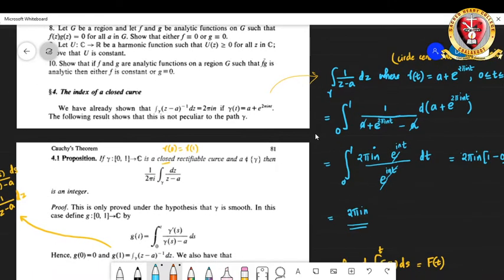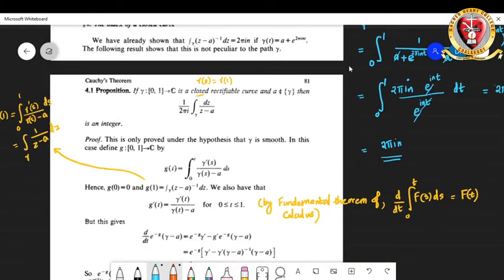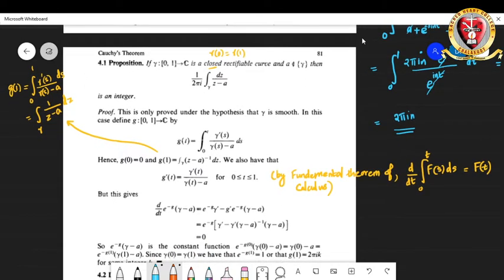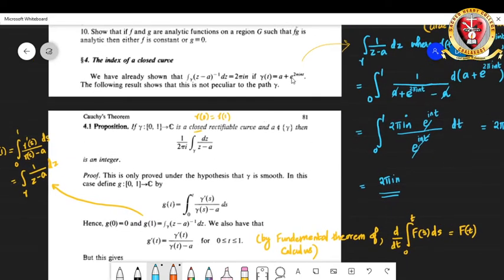And in the next proposition, we are going to generalize the concept we have just ended up with. The proposition says: let gamma from the closed interval 0 1 to C be a closed rectifiable curve. Here you can observe that this gamma of t, which was mentioned earlier, is actually a circle centered at a with unit radius.